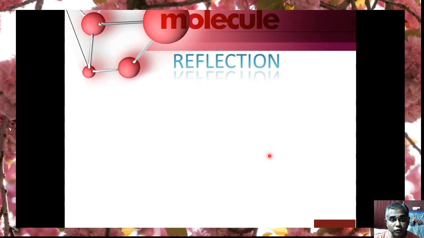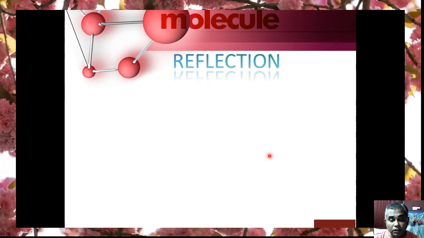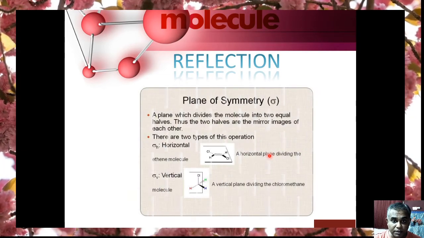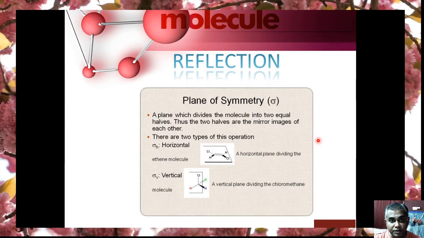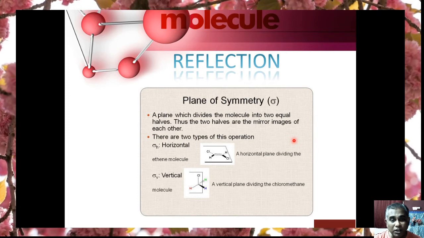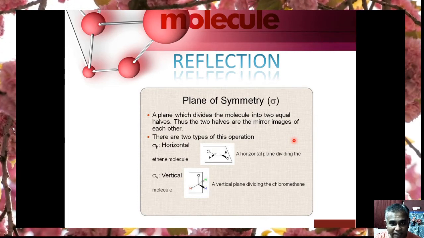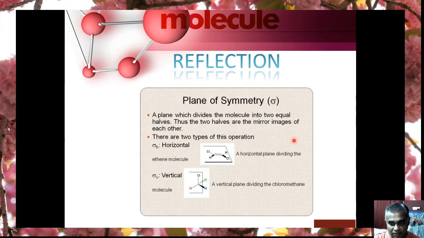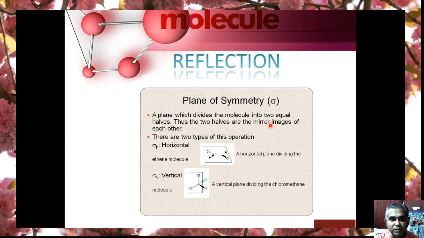Let us move on to our next symmetry element and the corresponding symmetry operation, which we call a plane of symmetry. What is a plane of symmetry? A plane can be considered as a mirror. Therefore, we normally call it a mirror plane.